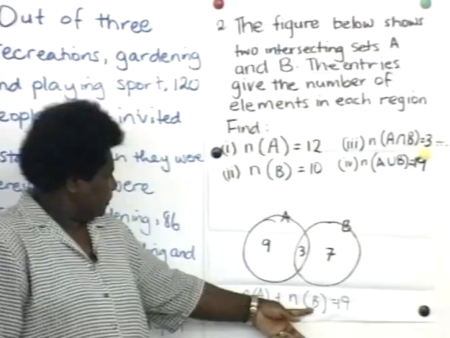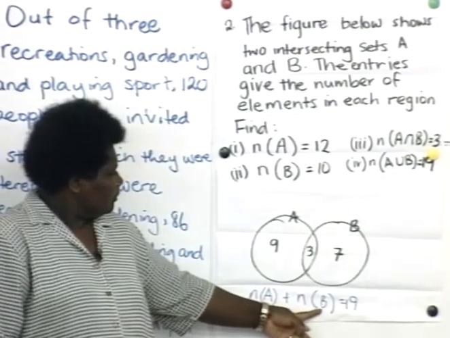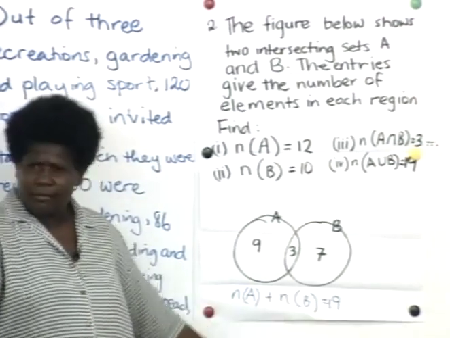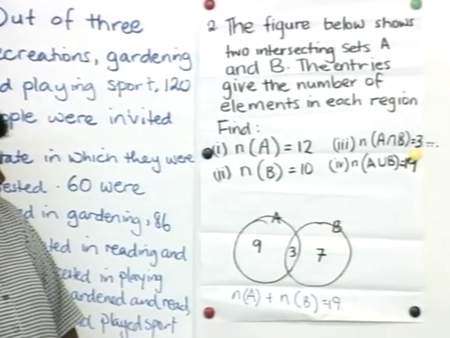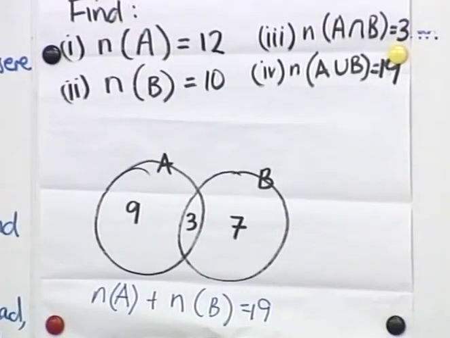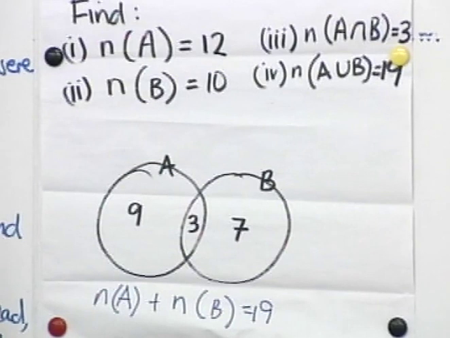Now how did I get 19? Oh, yes, because the intersection is 3. Okay.